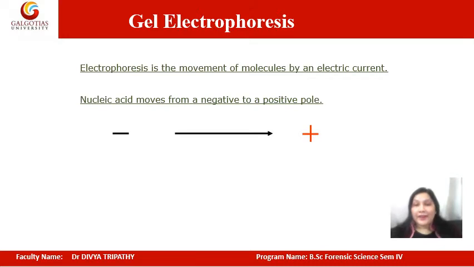It means if a cation is moving towards the cathode, your cathode is a negative electrode, and if an anion is moving towards the anode, your anode is a positive electrode, because minus attracts plus and plus attracts minus. This is the basic principle of electrophoresis. Separation on the basis of charge and size is the principle of any type of electrophoresis. And if we are using gel as a medium, then it is termed gel electrophoresis.